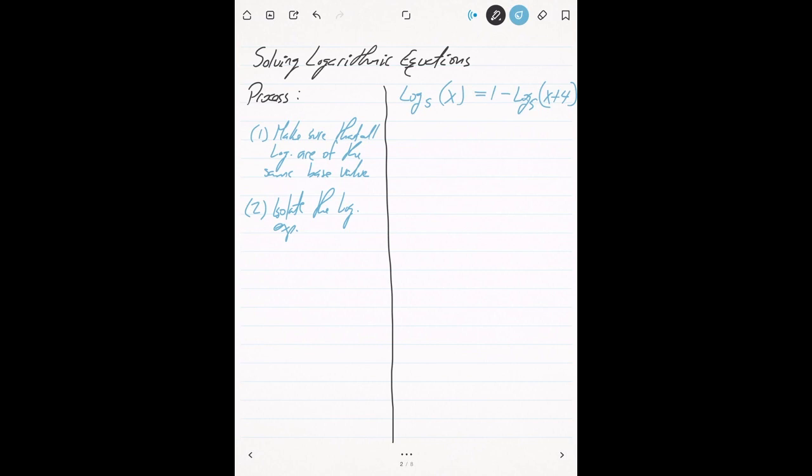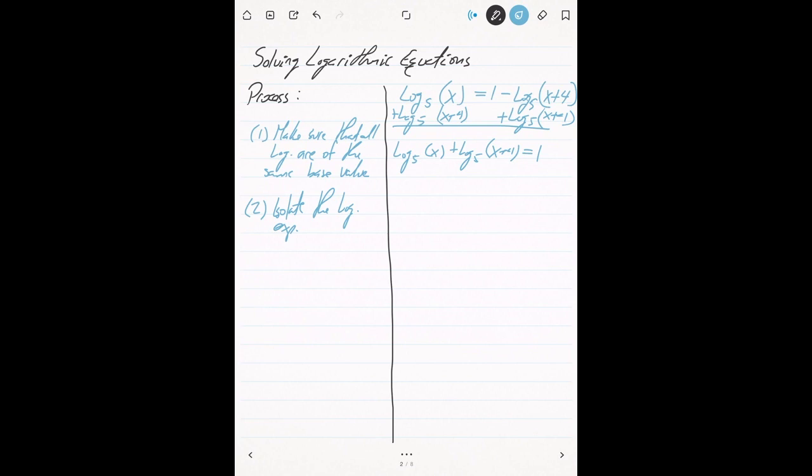So I'm going to add this log base 5 of x plus 4 to both sides. Log 5 of x plus 4. And we're going to end up with log 5 of x plus log base 5 of x plus 4 equaling 1. How does this help us?